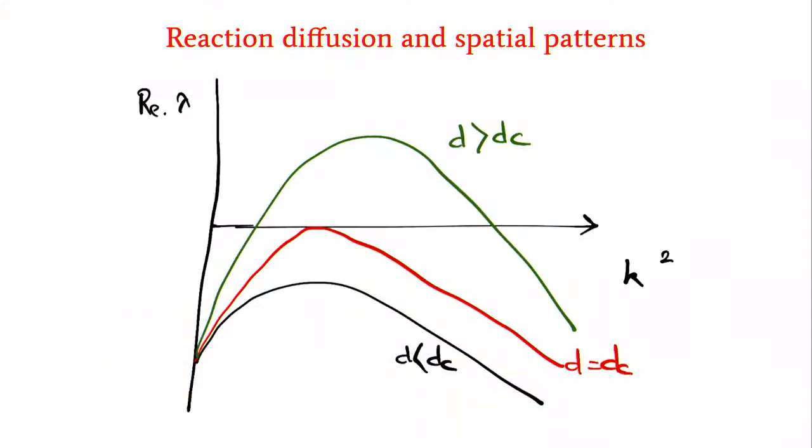Generally, there is no proof, and in principle, depending on what sort of term you introduce in your actual kinetics, you could have other things, but generally it's this wave vector with the largest eigenvalue that will probably set up the characteristic length scale. But you can check that in simulations and see how that matches up.